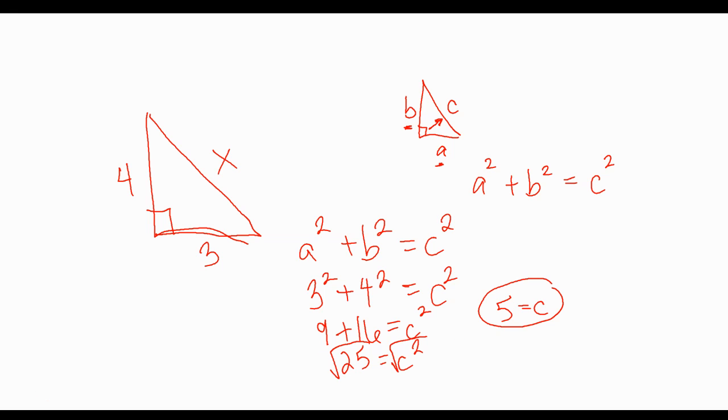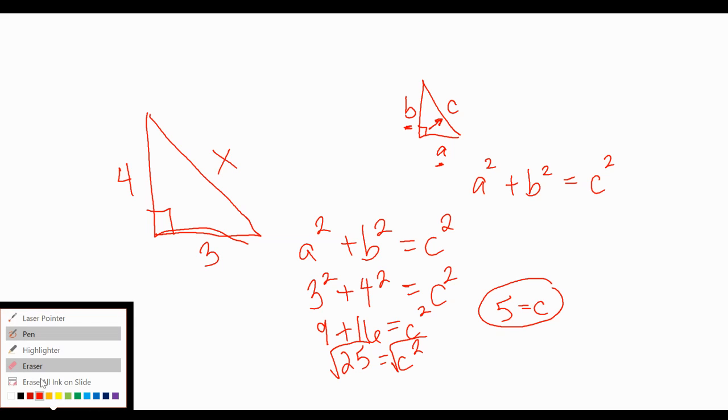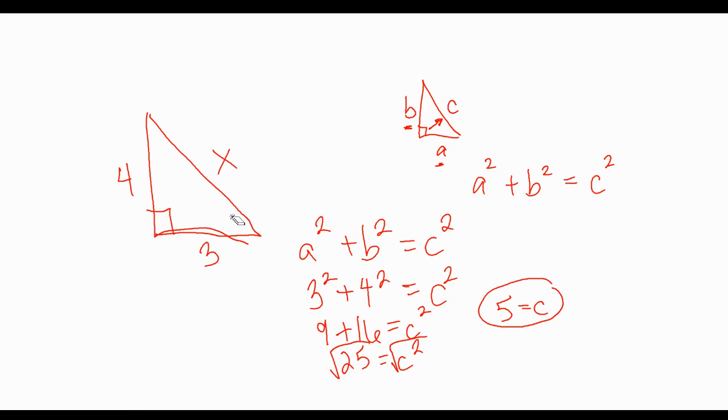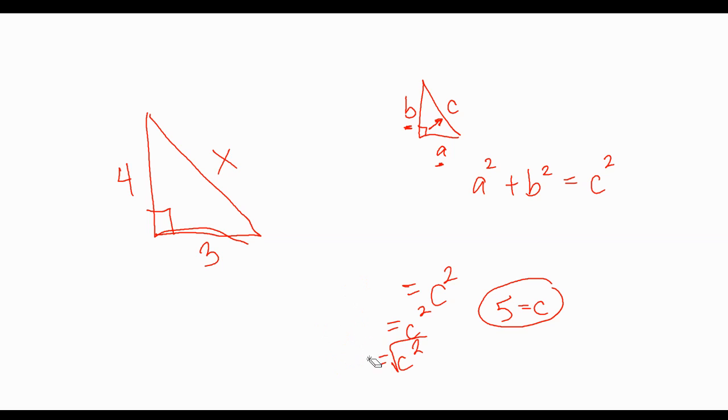Now, let's do another problem. Let's clear this out. Let's say I have my C this time, and I don't have either my A or my B. So let's take this away.